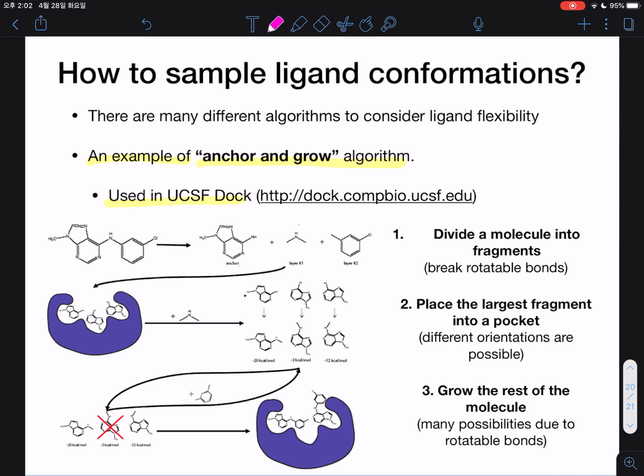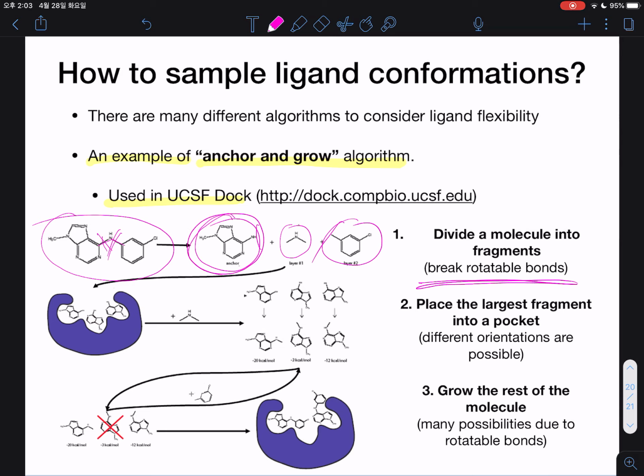In the UCSF DOCK simulation, one ligand is divided into substructures, and the rotatable bonds are cut. It is cut into several pieces, several fragments. This means that a ligand is broken by its rotatable bonds, and once they are broken, the largest fragment is considered as an anchor.